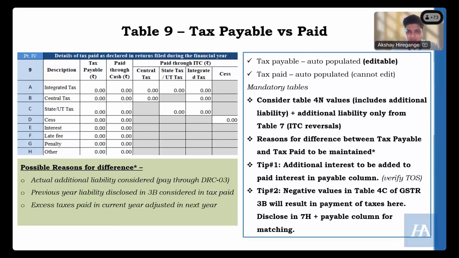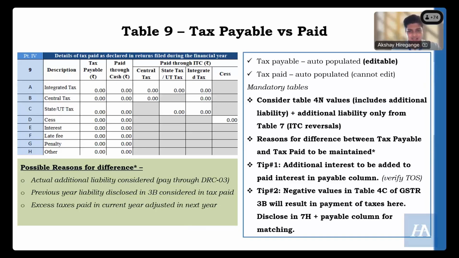There could be another variance within tax payable and tax paid. In the situation where your net ITC is negative, to that extent that value will be shown here as paid through cash or paid through ITC.